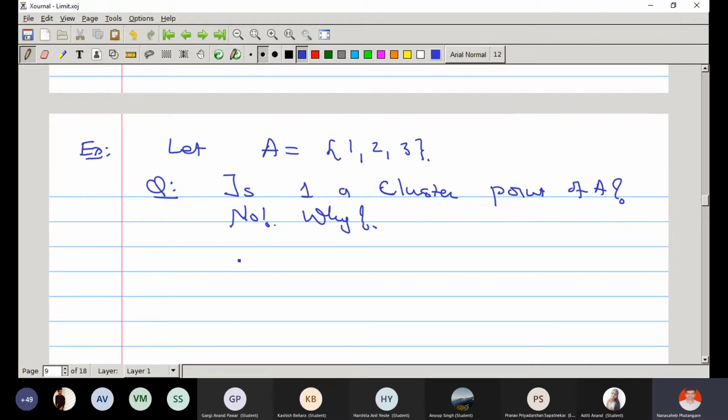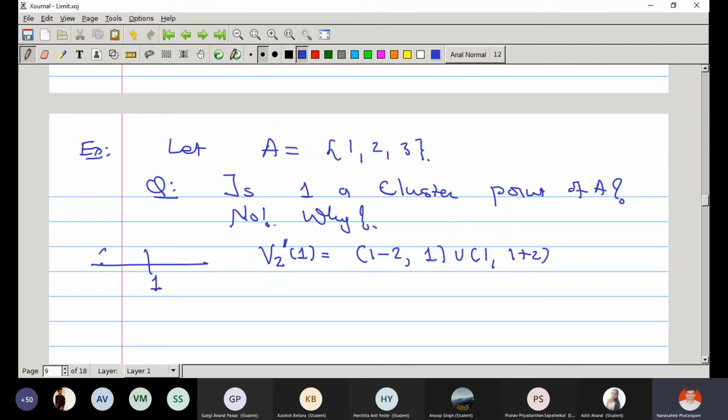Okay, so why? Yesterday we spent some time on this. For example, if I look at V2 dash 1, what is V2 dash 1? It includes 1 minus 2 to 1 union 1 to 1 plus 2, right?